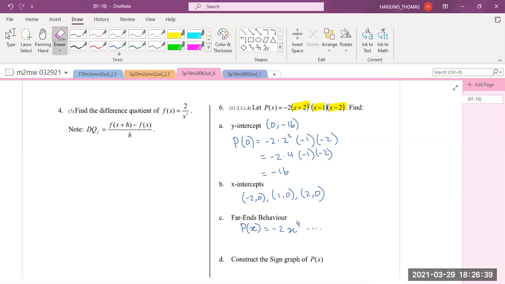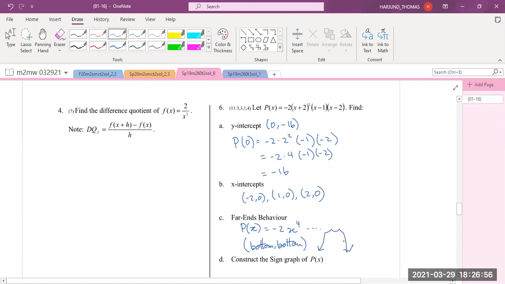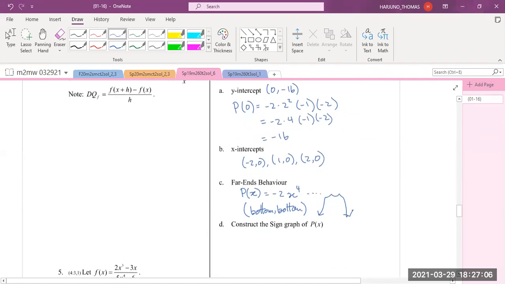Then the far end behavior will be bottom. When you sketch the graph, it will look like this. When you go very far to the left, it goes to negative infinity. When you go very far to the right, it goes to negative infinity.